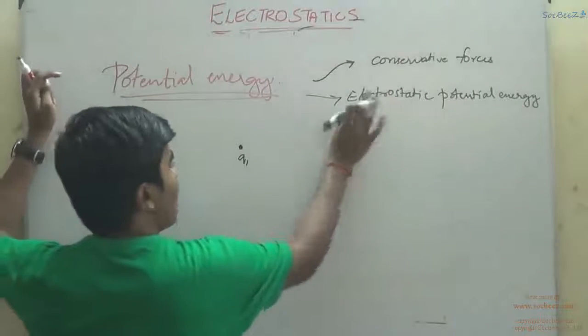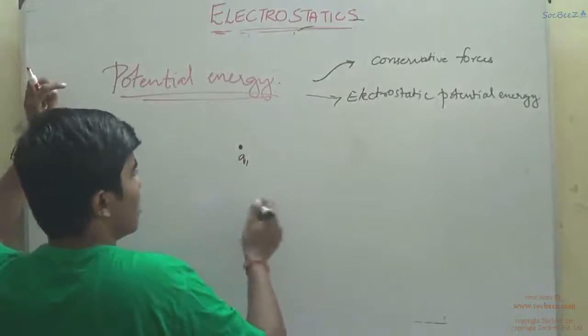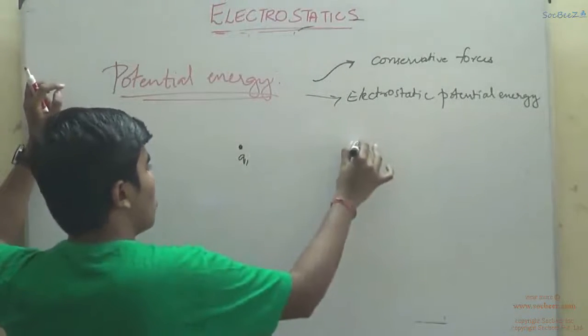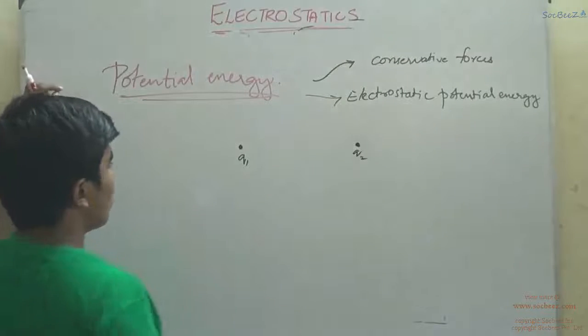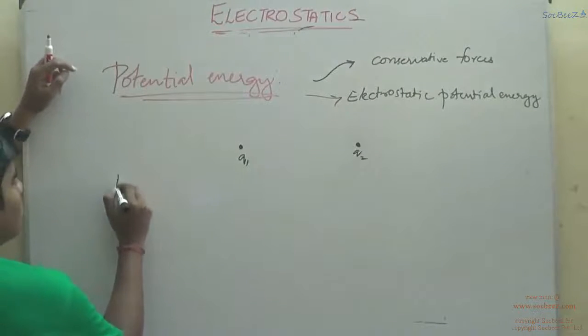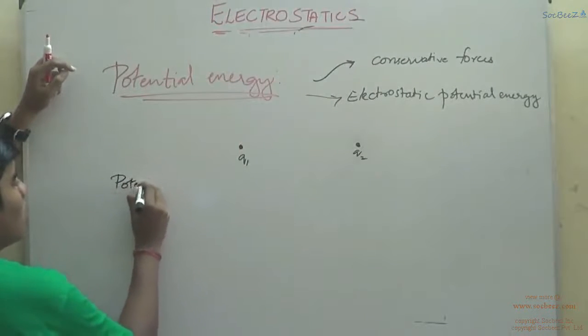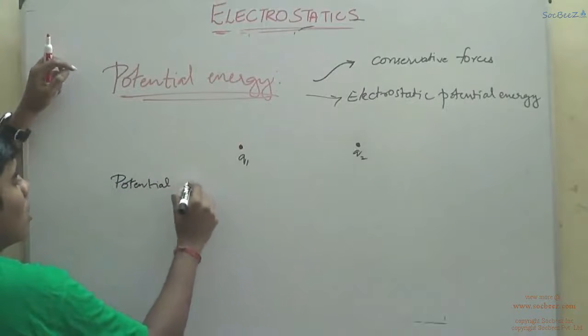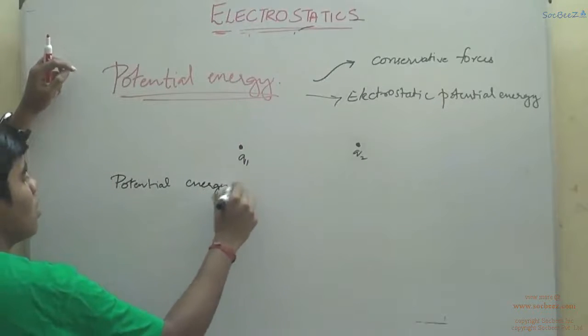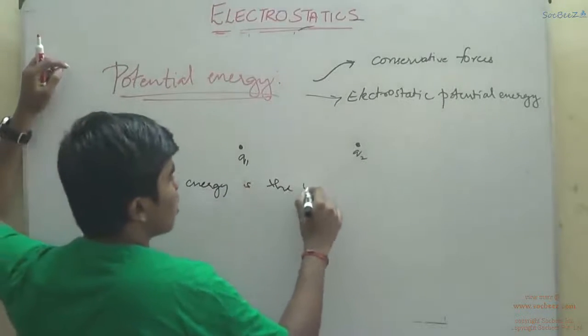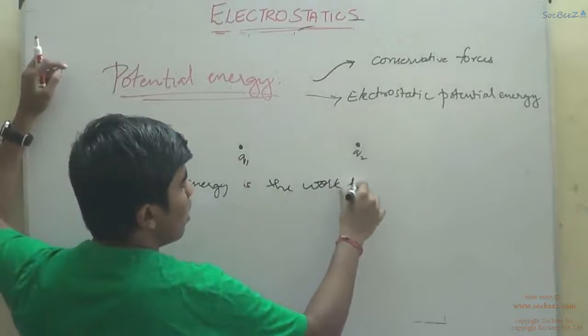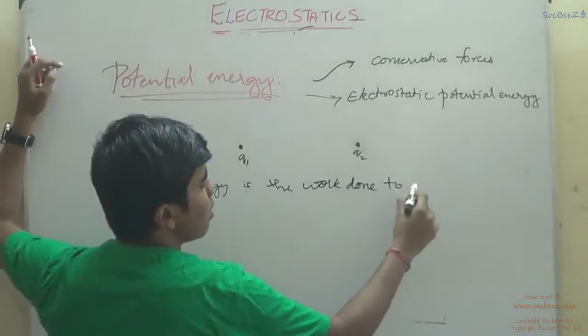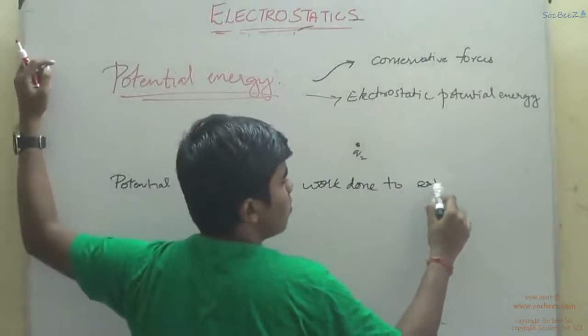Basically, it might have been that first you bring charge Q1 here, then you bring charge Q2. So the potential energy of the system is the work done to establish the orientation of the system.